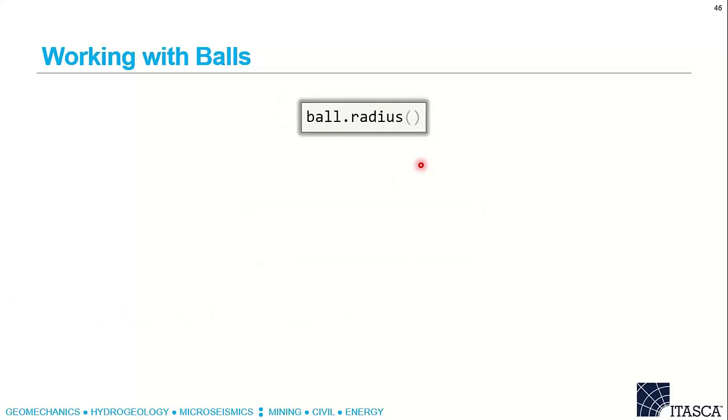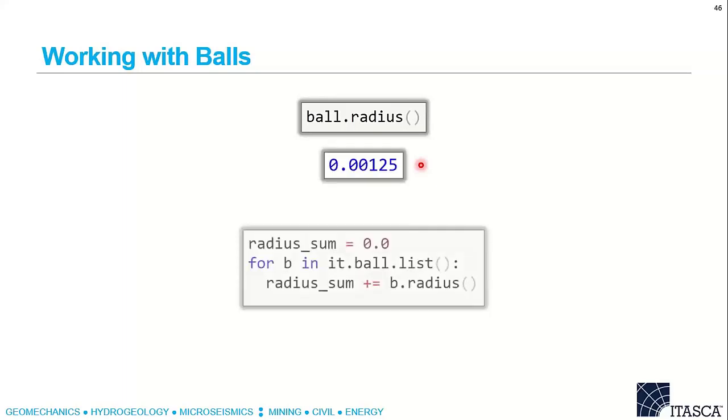The ball object has some specific properties. For example, you can get the radius of a certain ball, which allows you to sum all the radii within a model via, once again, the list function available within the submodule.